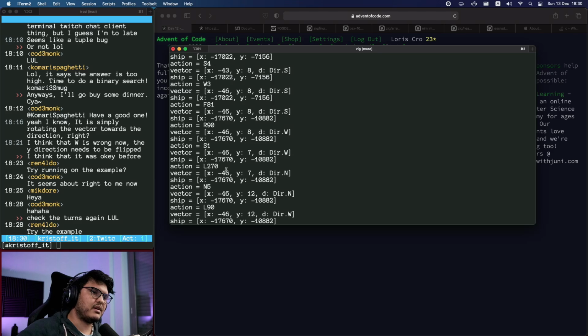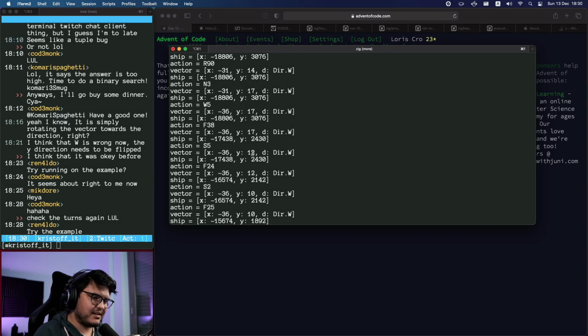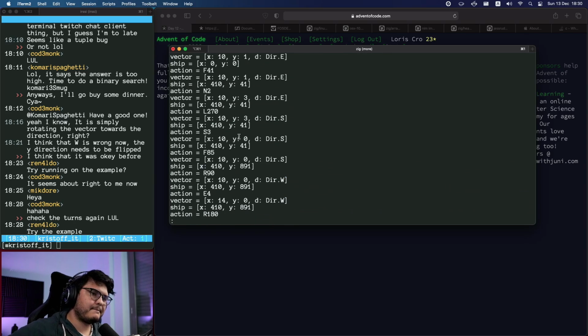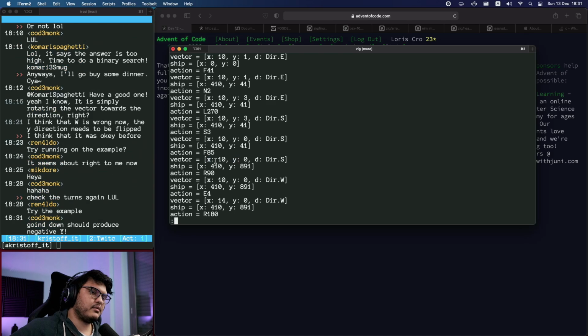Oh god, and I lost track of what I was doing. So forward 85 means go down a lot, since the y component is now pointing west. So we are not moving west at all, but we are moving south. I should name x and y like east and south, so that it's more clear.